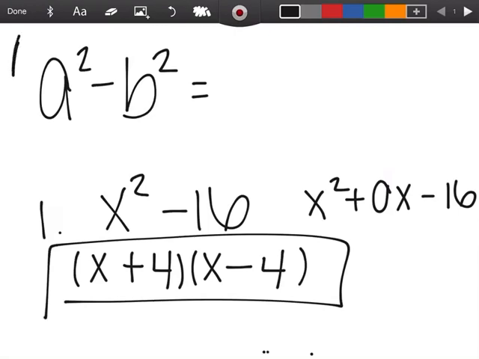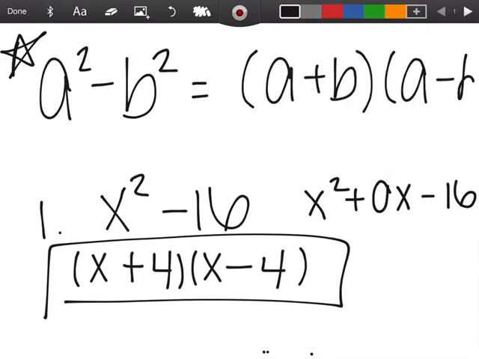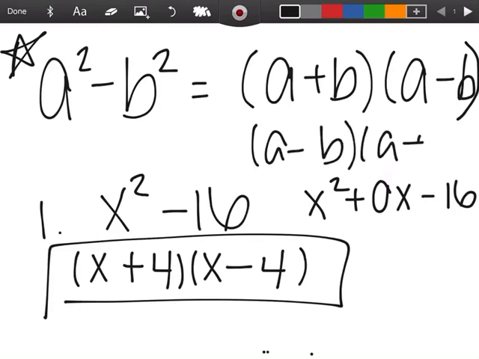In general, the formula is that if you're trying to factor a squared minus b squared, it's equal to the quantity a plus b times the quantity a minus b. And you could put the negative one first. It makes no difference because it's just multiplication.